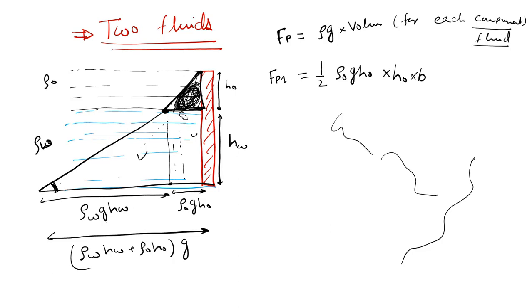What is the total volume of water inside this? This part is rho naught g h naught into h W. This is the area, right? Area of this into how much depth? B. So A into B is nothing but the volume. Then what is the third part?